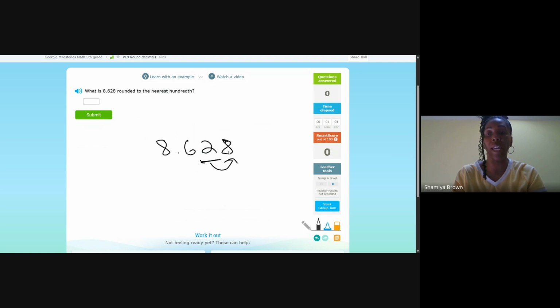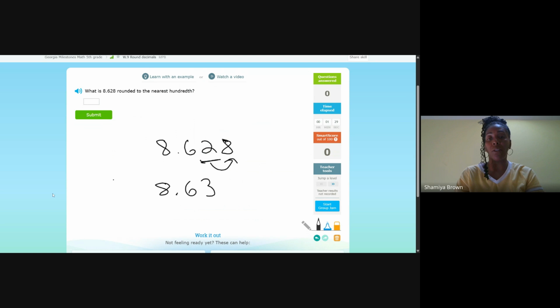So since it's an 8, that's 5 or more. 8 is bigger than 5. So that means my 2 is going to go up. So everything before the place I'm rounding to stays the same. So I'm going to have 8 still. I'm going to have my decimal still. I'm going to have my 6 still there. And then my 2 is going to turn to a 3. Then my 8, everything after the place you're rounding to turns to a 0.